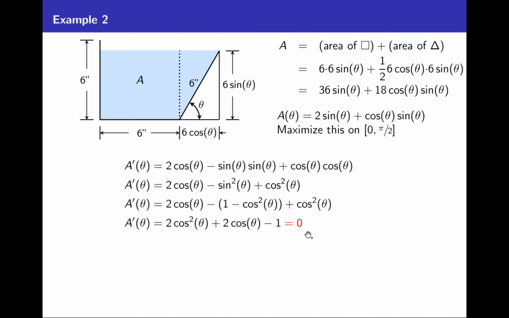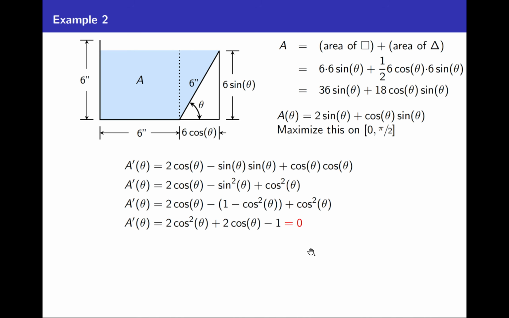And remember, way back in part 1 of the course when we talked about solving trigonometric equations, this is why we talked about them, because we occasionally need to solve trigonometric equations when we're doing problems like this. And we do now. We need to find the value of theta that makes this equal to 0.